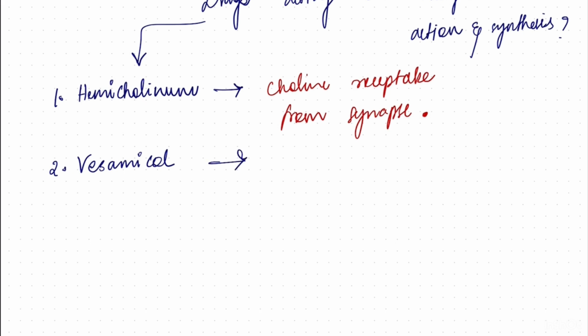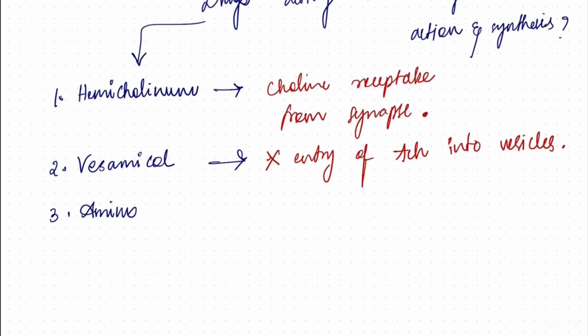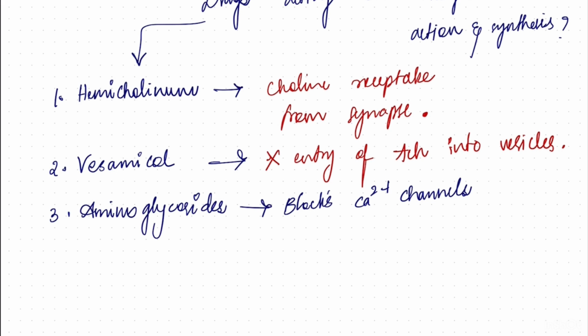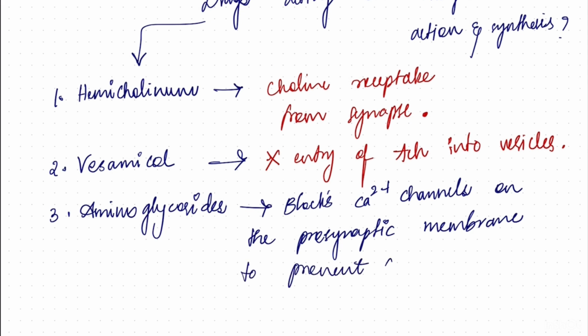It is also a drug which prevents entry of acetylcholine into vesicles. And there are aminoglycosides. Actually, they block calcium channels on the presynaptic membrane to prevent release of acetylcholine into the synapse.